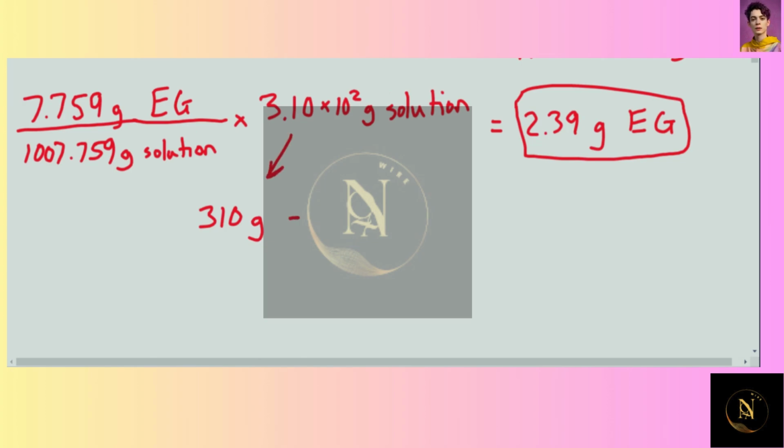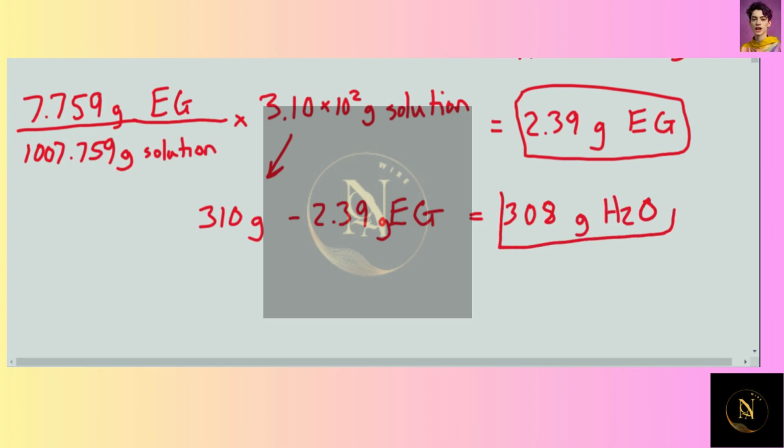So let's subtract the mass of ethylene glycol, and we get 308 grams of water. So to make the solution that we're required to make, we just need to combine these two.